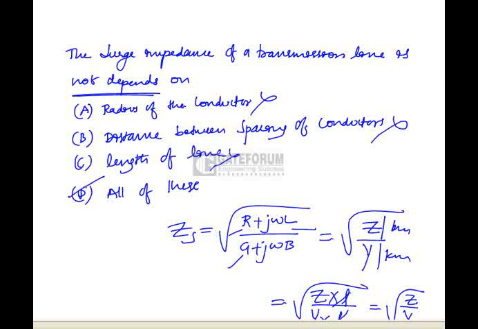So what is the answer here? All of these is the correct answer. The surge impedance of a practical transmission line does not depend on the radius of the conductor, the spacing between conductors, and the length of the line also. So all of these is the correct answer.